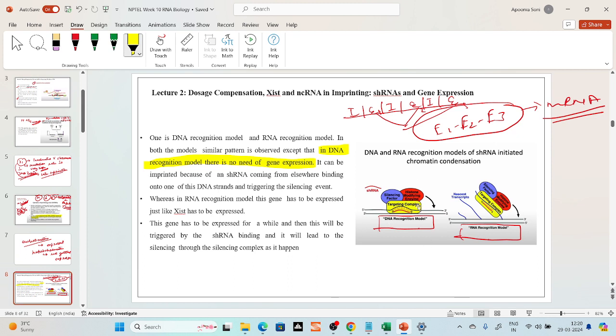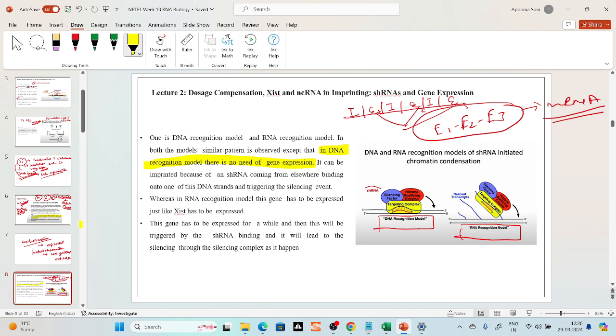There is no need of the expression of the DNA. But if it follows the RNA recognition model, then the gene which has to be silenced has to be expressed. Here, there is no need of expression. Here, it has to be expressed. So the gene has to be expressed for a while, and then this will be triggered by shRNA and it will lead to silencing through the silencing complex.